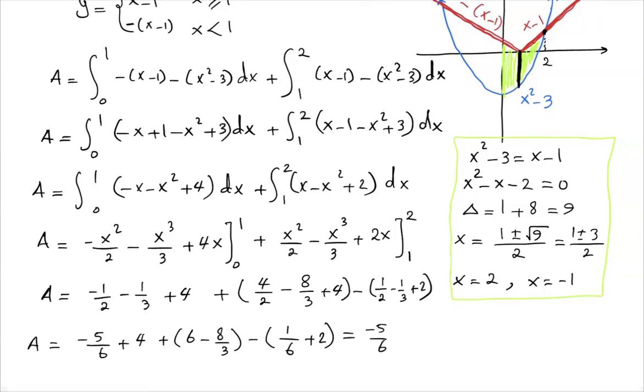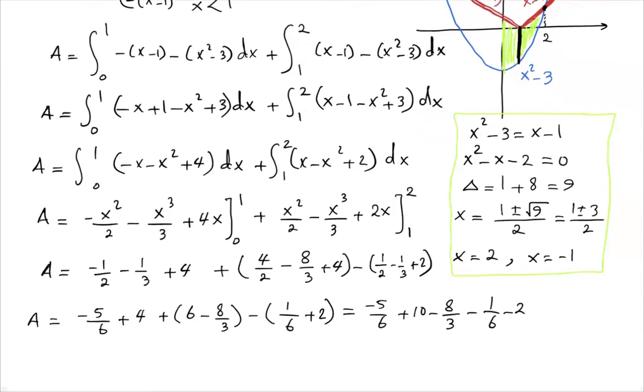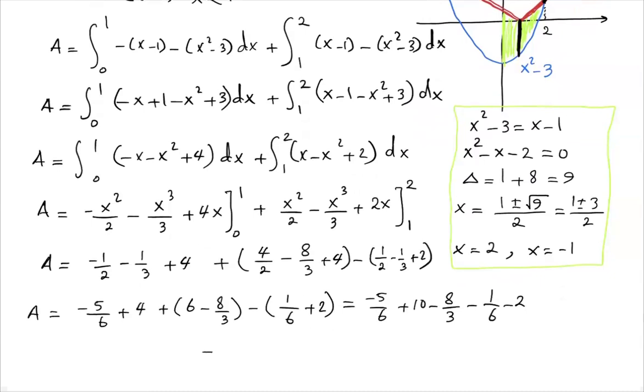Negative 5 divided by 6 plus 10 minus 8 divided by 3 minus 1 over 6 minus 2. If I take a common denominator, which is 6 itself, I get 8, and combining these two, I get negative 6 minus 16.